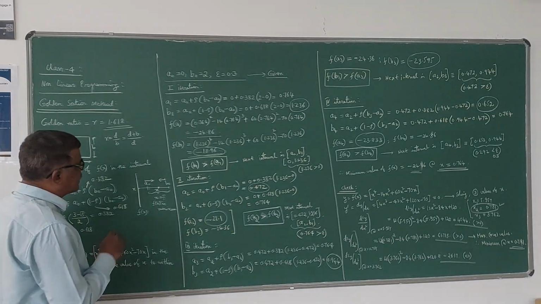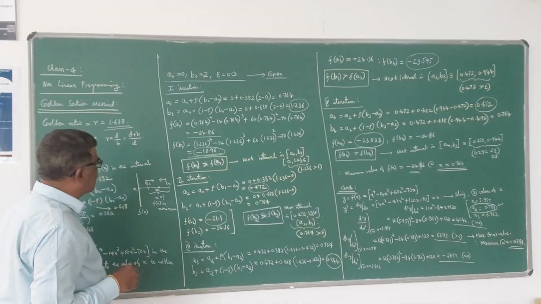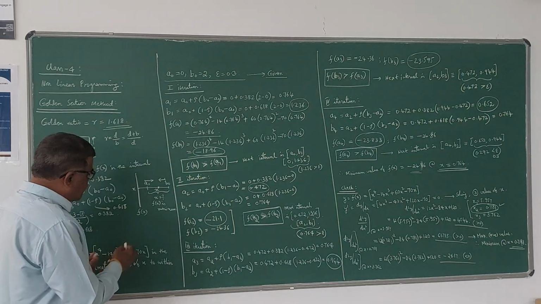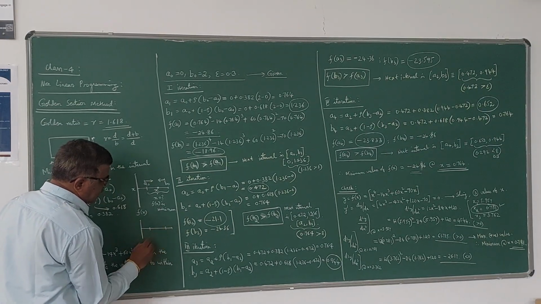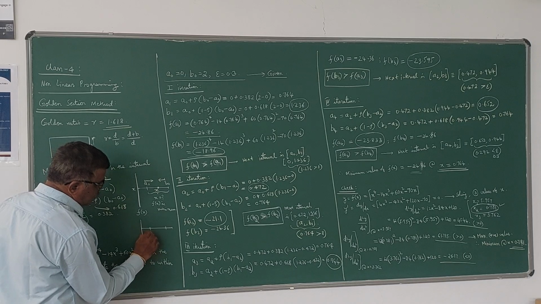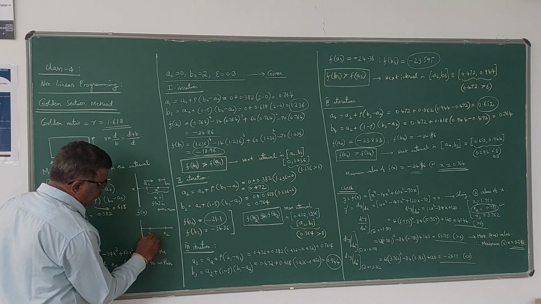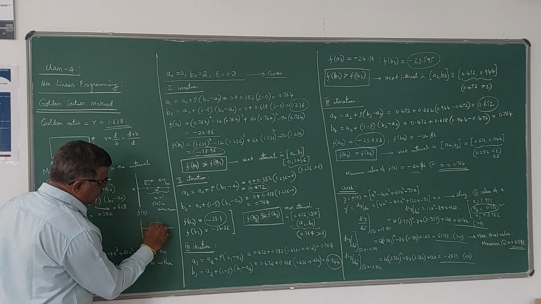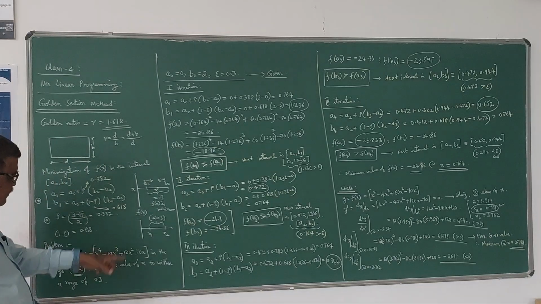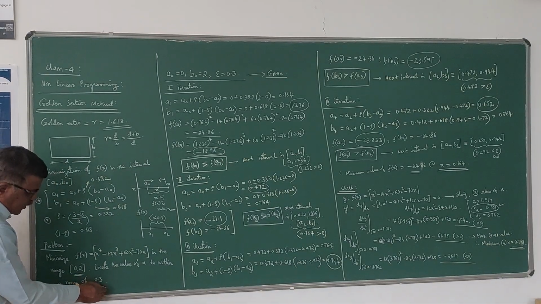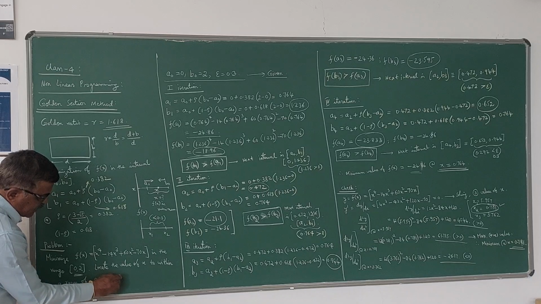The meaning of that is, finally after some iterations, we are going to get two values of x, maybe x1 and x2, and the difference between these two values should be less than 0.3. That difference we take as epsilon, so this 0.3 is taken as epsilon here.